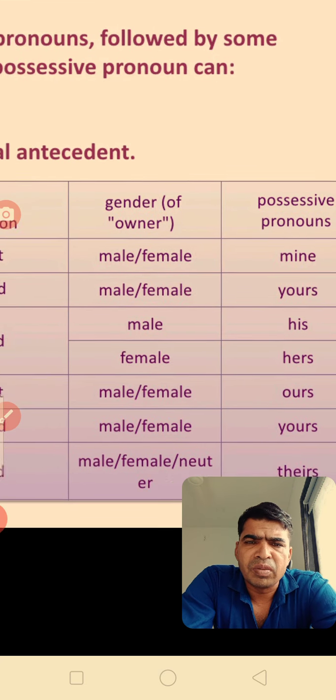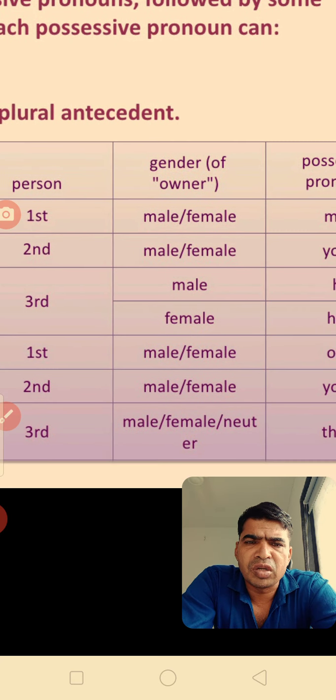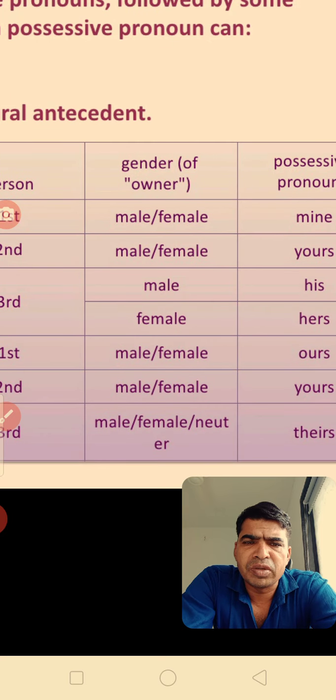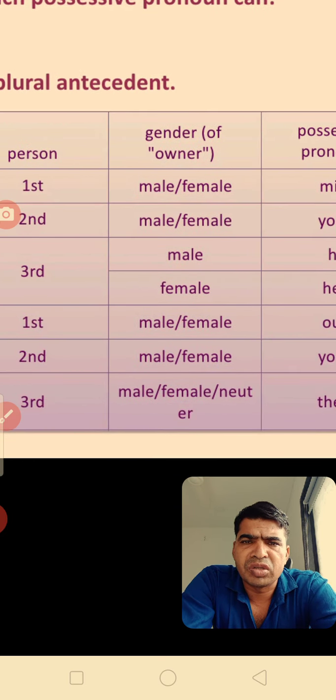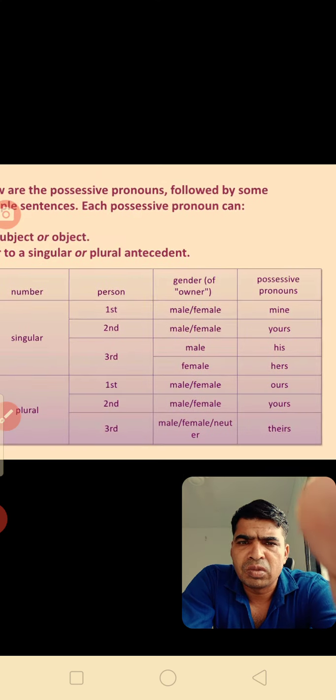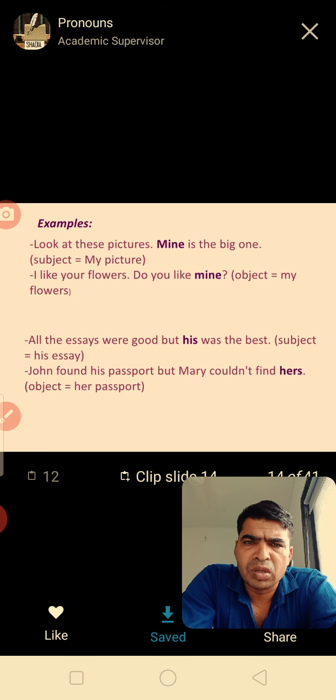Third person, male his, female hers. Plural, first person, ours. Second person, yours. Third person, male, female, or neuter, theirs. These are the examples of how we can use the possessive pronouns.